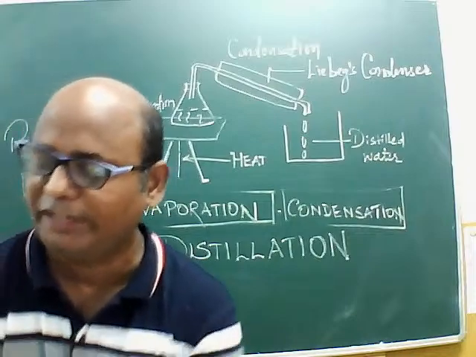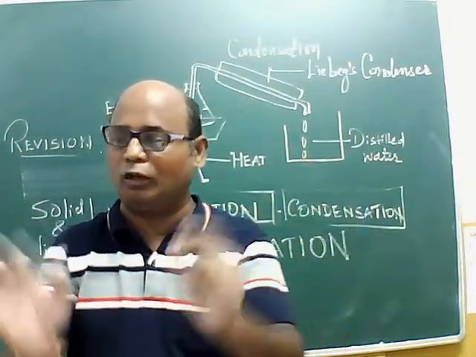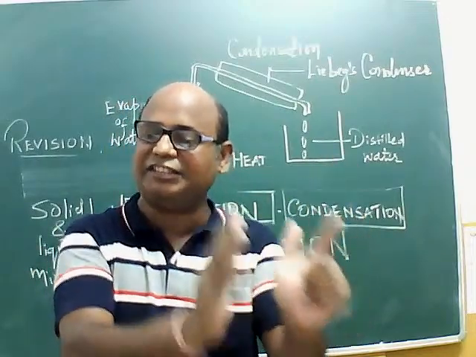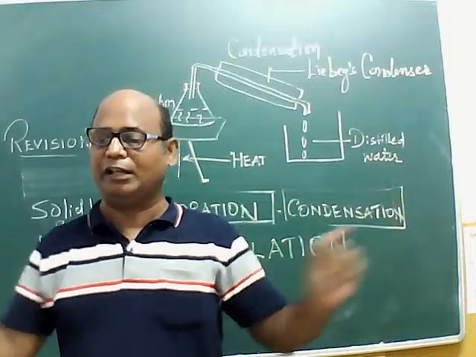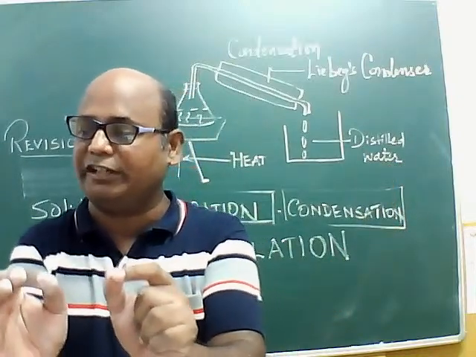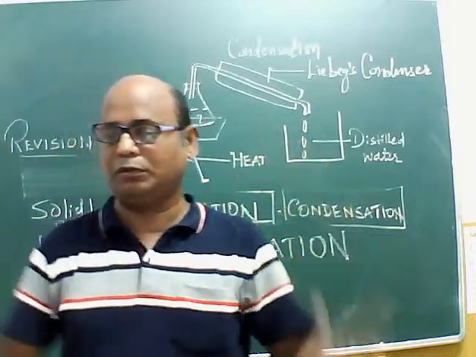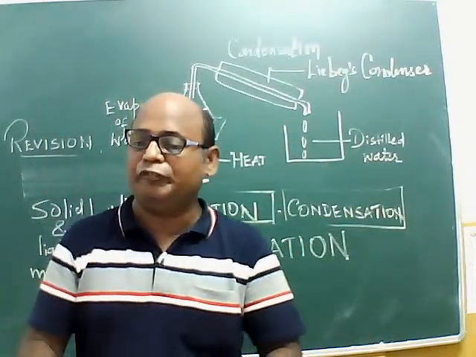So today we discussed hand picking. I already told you in hand picking there is a difference in the size, shape, color of the unwanted component, and these unwanted components are present in very small amount. Then I told you about winnowing.